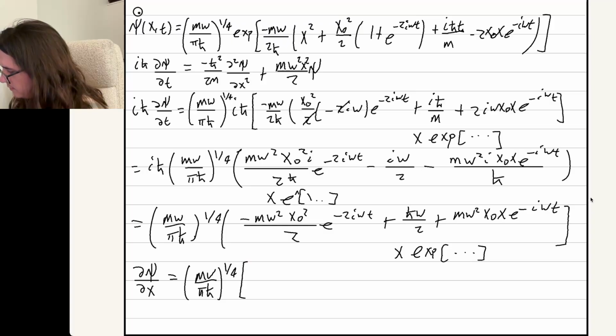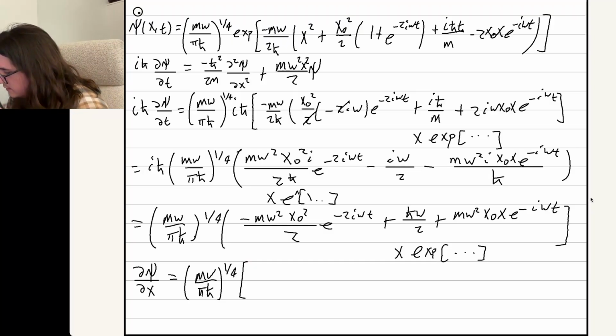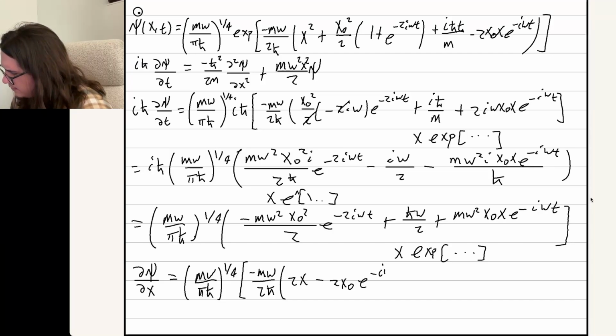In these brackets, I'm going to put the derivative of the argument of the exponent with respect to x, which is going to be minus m omega over 2h bar times 2x minus 2x naught e to the minus i omega t, right? Those are the only things which depend on x. And then it gets multiplied by the girthy exponent.